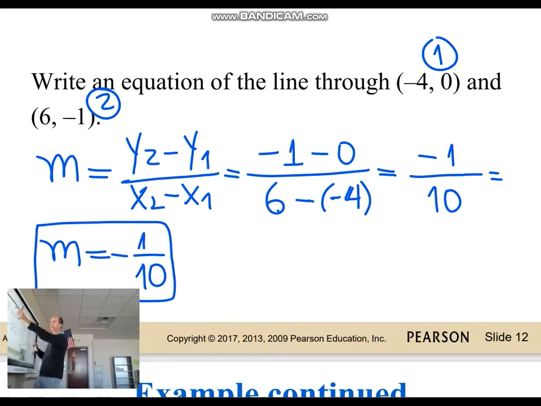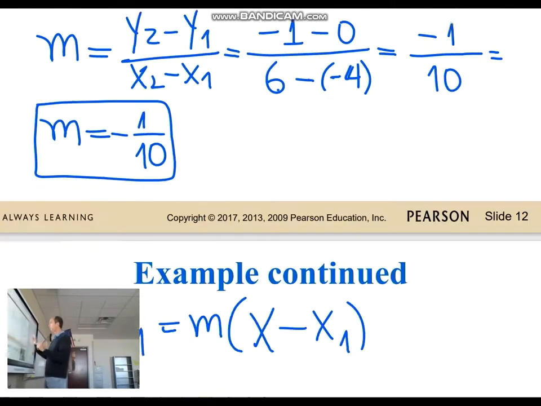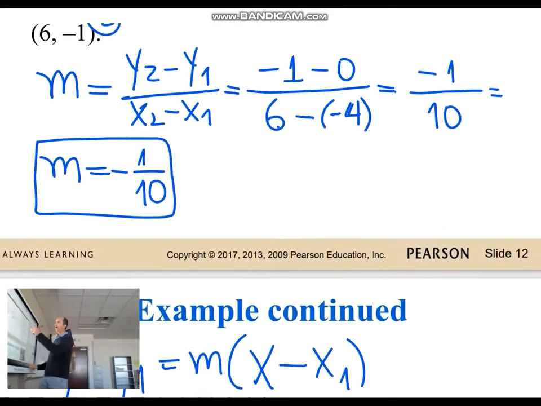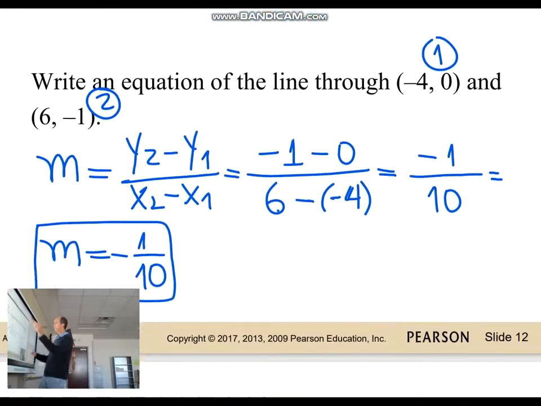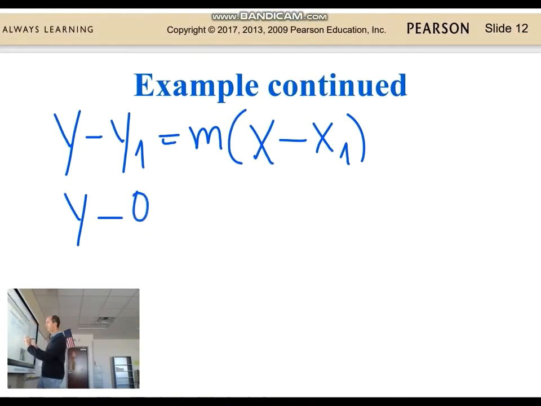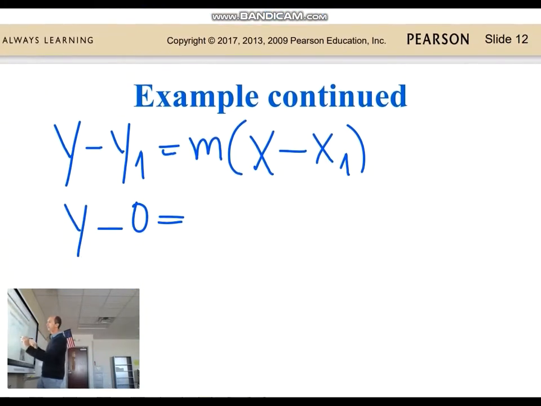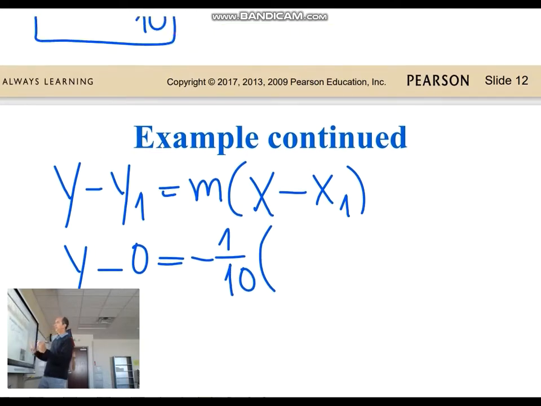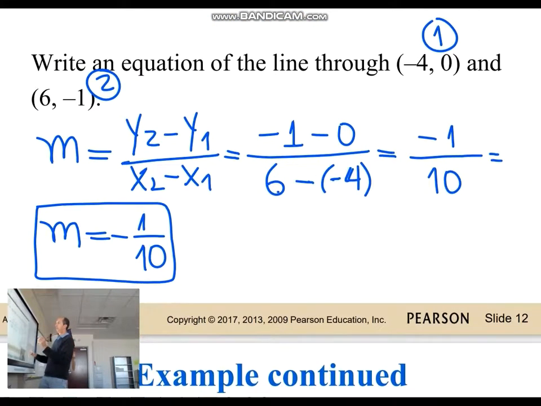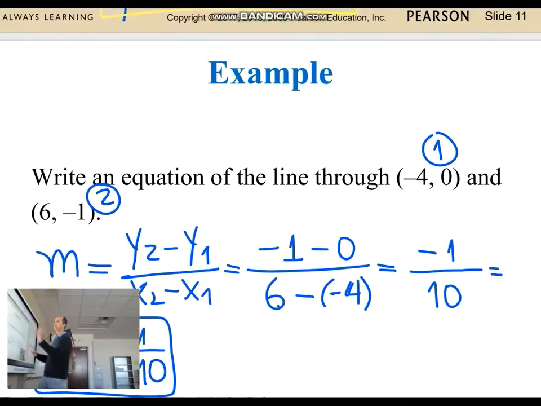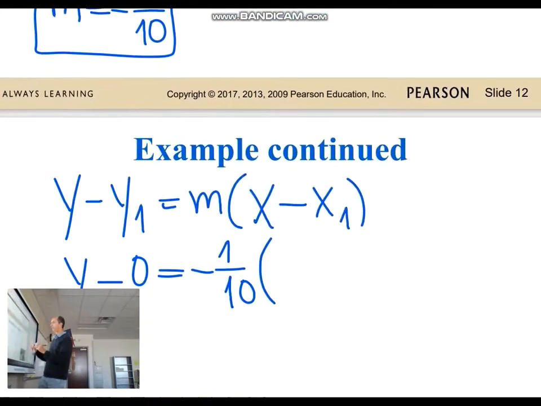Let's use point 1, x equals -4 and y equals 0. So y1 equals 0, y minus 0 equals m, we just found m, -1 over 10 times x minus x1, -4.